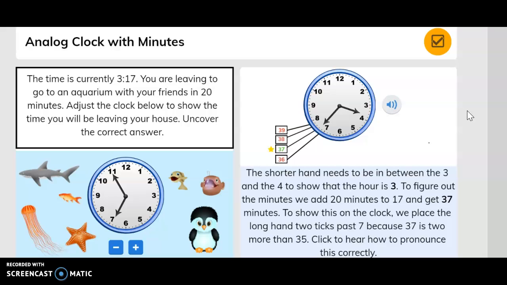To figure out the minutes, we add 20 minutes to 17 and get 37 minutes. To show this on the clock, we place the long hand 2 ticks past 7 because 37 is 2 more than 35.